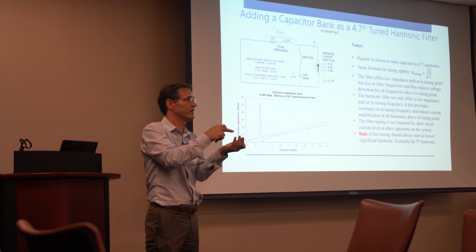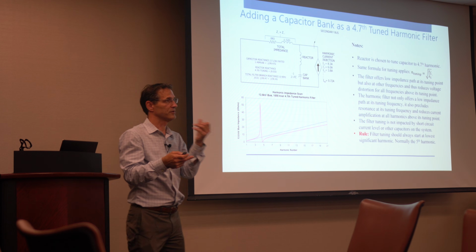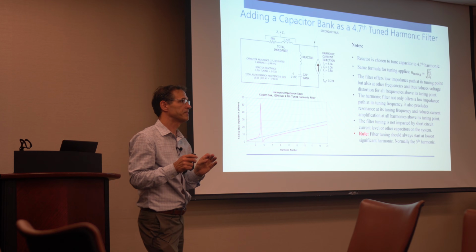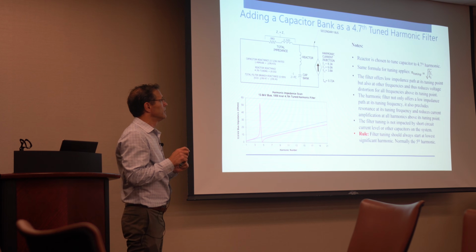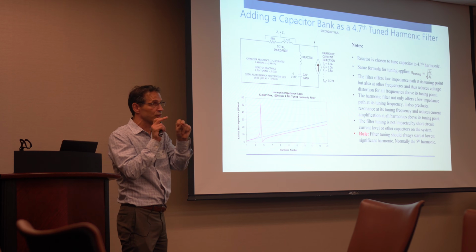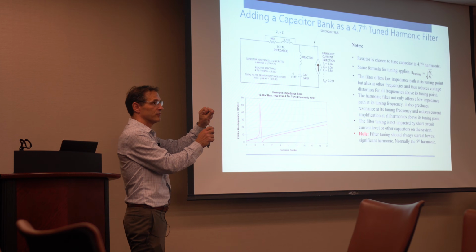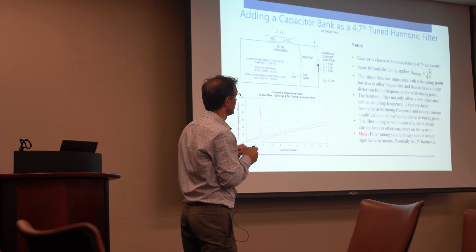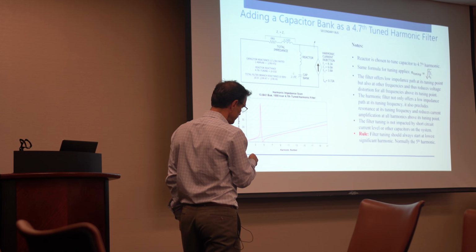So as part of having a spreadsheet tool, if you have the spreadsheet tool, you can do a filter design, really, if you know what you're doing, in 5 minutes. You can do a whole filter design, and you're putting in the values of current. And then you take that and you put it into your model, right? And it's that simple. So that part of it is very easy once you do it once.